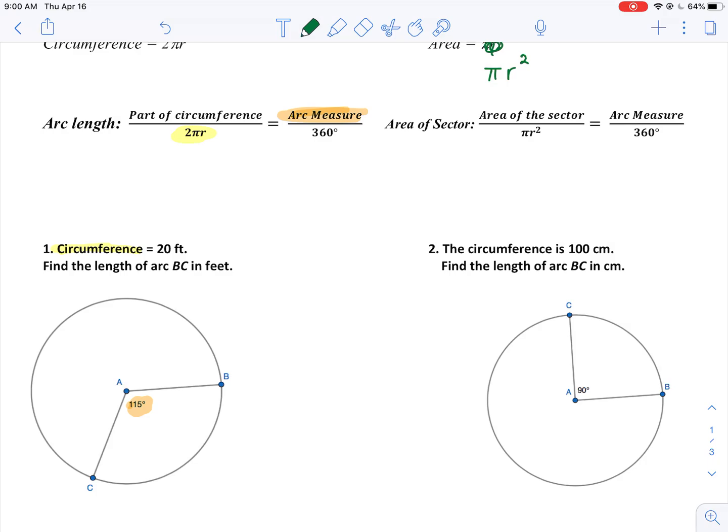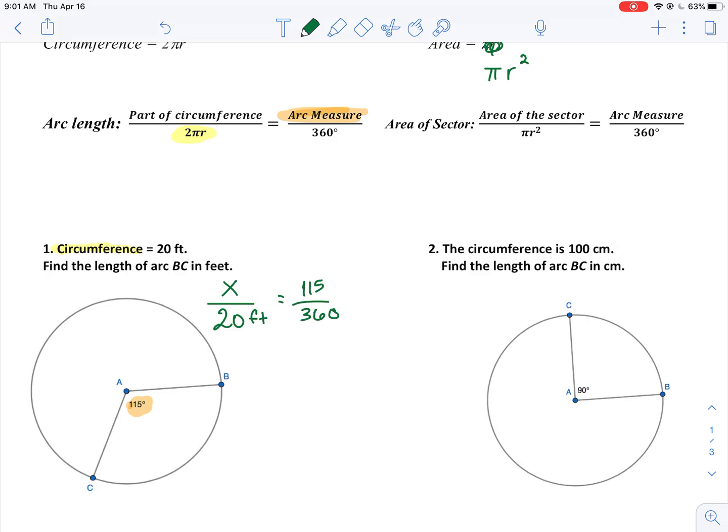I'm also given 115 as the arc measure. And I know 360. I always know 360. That's not going to change. So let's see, what can I do here? If I substitute these values in, I don't know the arc length. I don't know x. This part of the circumference, that's what I want.